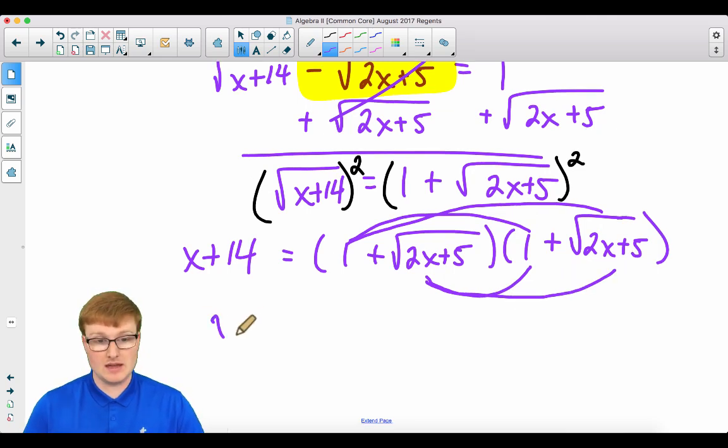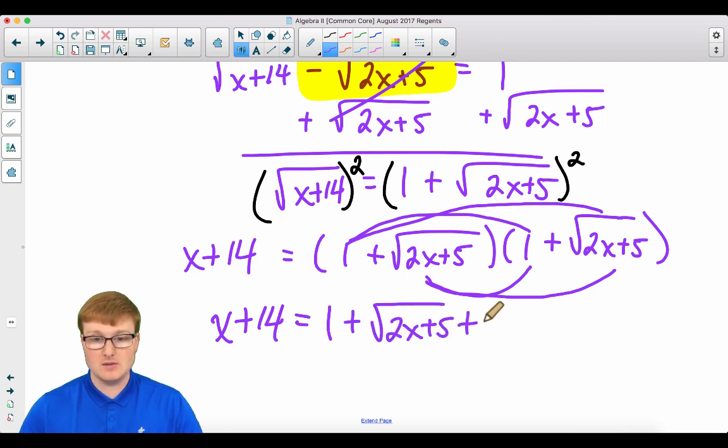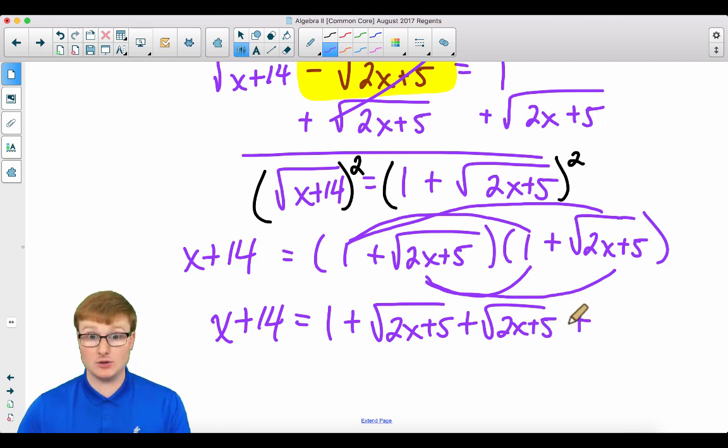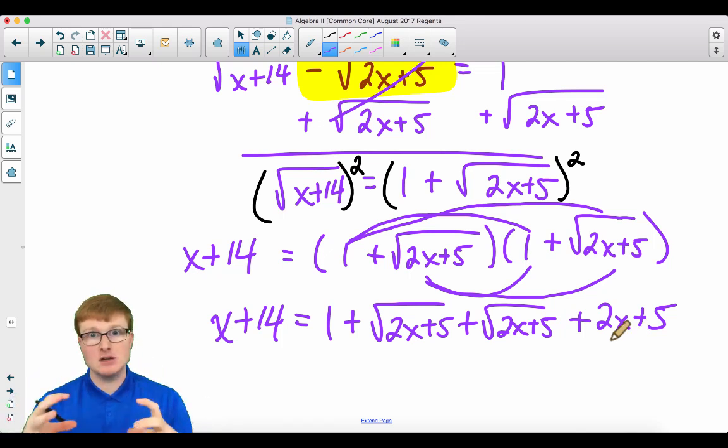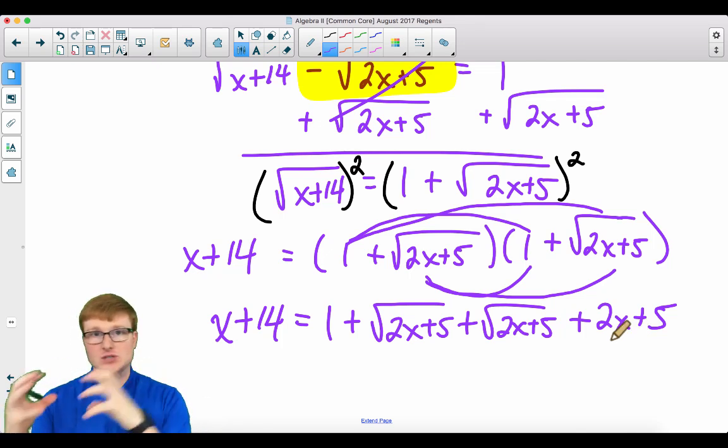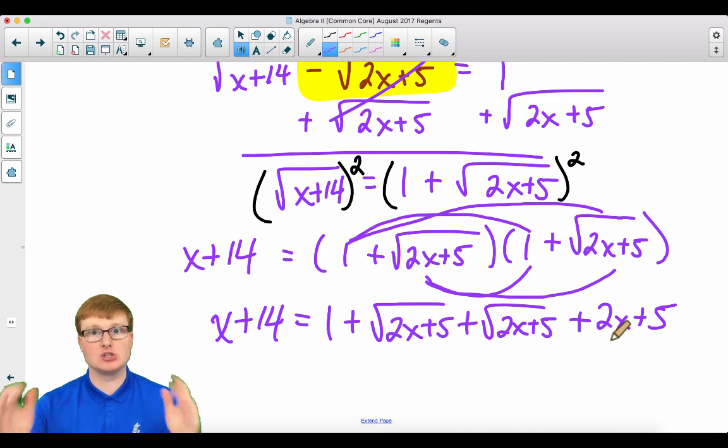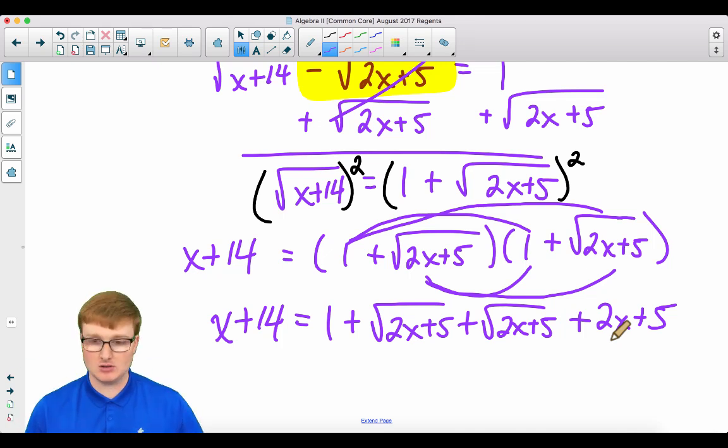So this is going to be x plus 14 is equal to 1 plus the square root of 2x plus 5 plus the square root of 2x plus 5 plus, now be careful here, the square root of 2x plus 5 times the square root of 2x plus 5 is just 2x plus 5. They're the same radicands, so just drop the square root and keep what's underneath the radical sign.